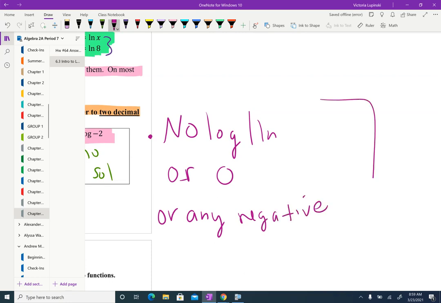If at any point you try to find the log of -3 or the ln of 0 or the log of -15, there is no way that you'll be able to do that. So make sure you understand that you can never take the log or the natural log of 0 or any negative. That has big applications for graphing and for solving, which is what we're going to talk about next time.